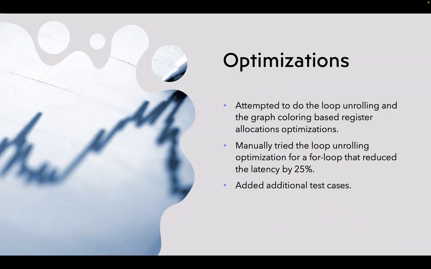So I tried a loop that prints numbers for a really large value, and without the loop unrolling, the function ran for about 50 seconds, but with it, it ran for approximately 35 seconds. And for this part, I also added additional test cases for my compiler.